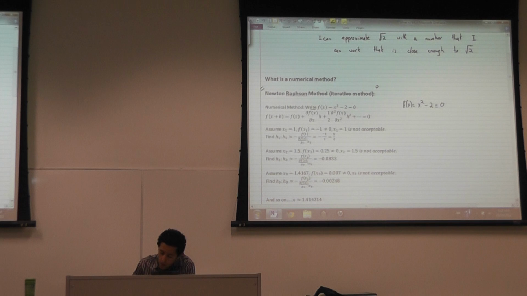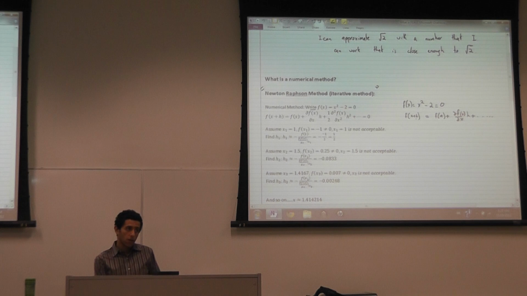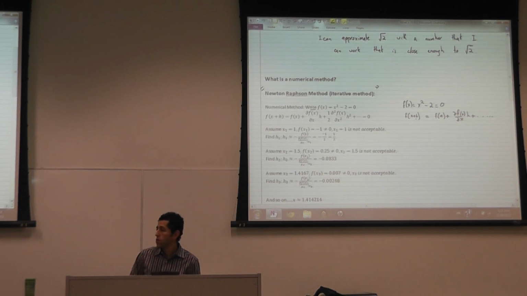Then you use a Taylor approximation because you know that this function is continuous and smooth, which means that if I add a small increment h to x, f of x plus h is equal to f of x plus partial f partial x multiplied by delta x, which is h, plus other terms. And any numerical method to find a solution, and this is important, has to start with an assumption. I have to start from somewhere.